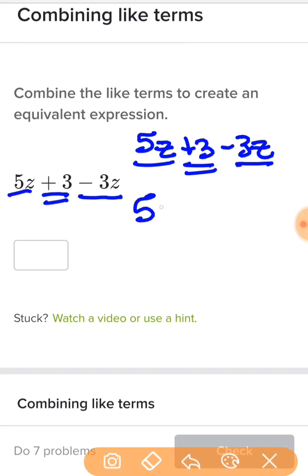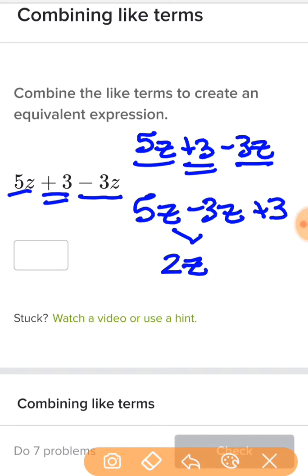Then I'm going to rewrite the z's next to each other and then bring the 3 down to the end by itself. Then I'm going to combine the 5z and minus 3z. So 5z minus 3z gives me 2z, and the plus 3 simply comes down. So my final result is going to be 2z plus 3.